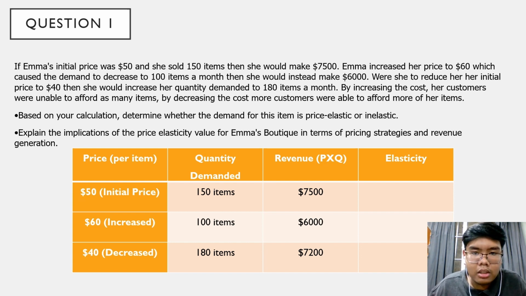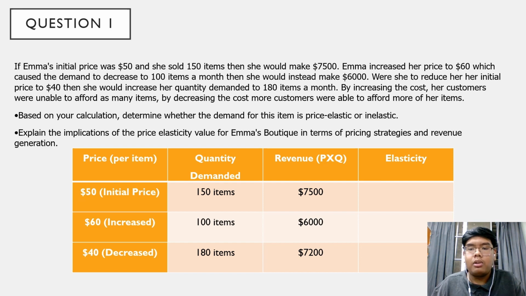For the last row of the table, the price decreases from $60 to $40, and the quantity demanded increases from 100 to 180 items, total revenue $7,200.